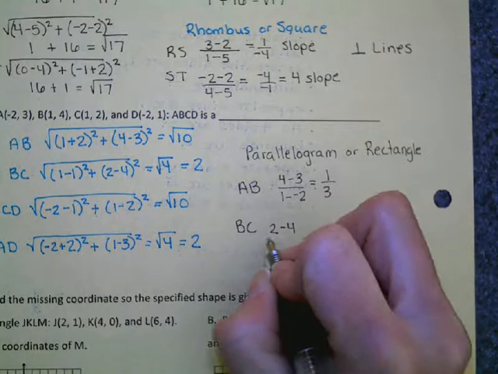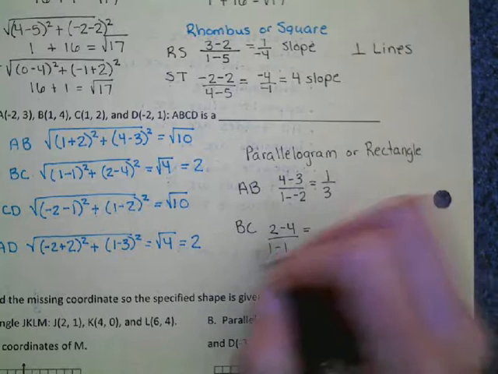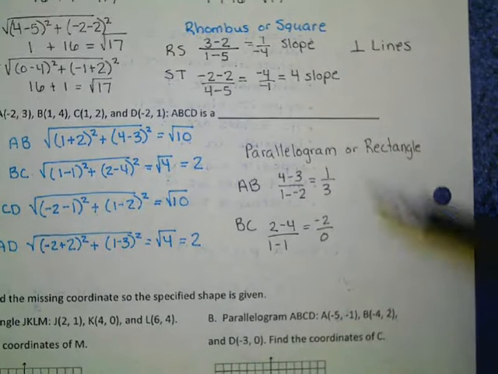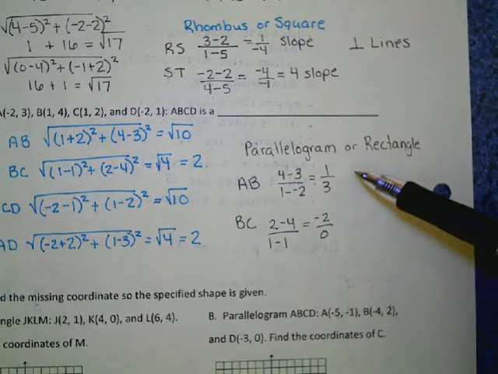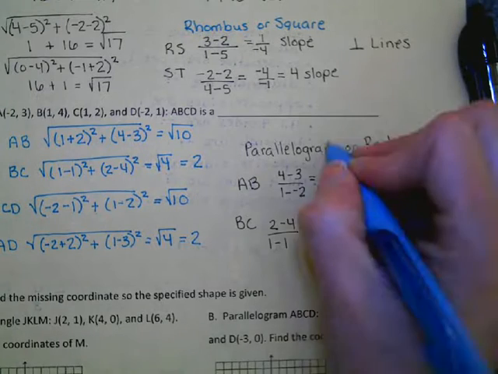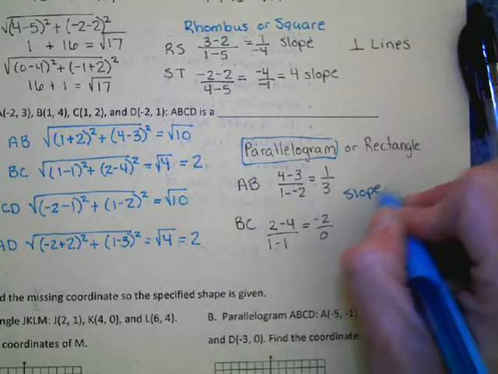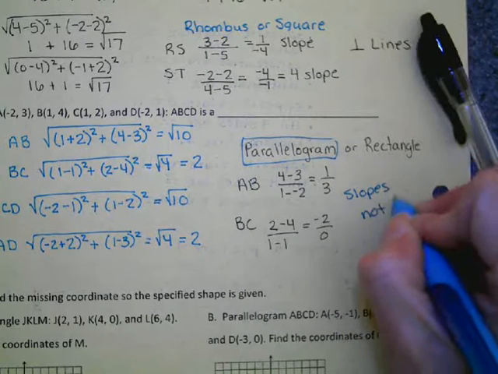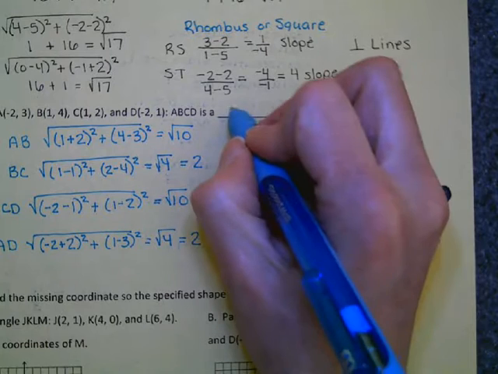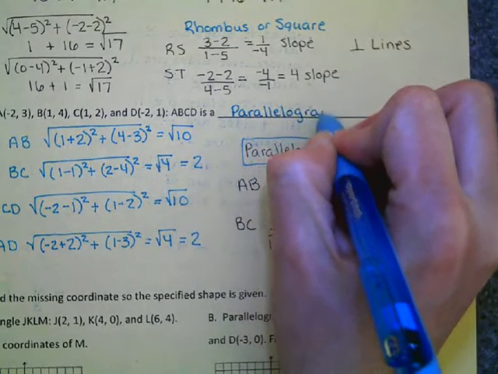On the BC, subtracting the y's, we get 2 minus 4 over 1 minus 1. 2 minus 4 is negative 2, 1 minus 1 is 0. So these are clearly not reciprocals of each other, which means they are not perpendicular. If they are not perpendicular, then this has to be a parallelogram. So I'm just going to write slopes not perpendicular. If they are not perpendicular, it can't be a rectangle. So my answer was parallelogram.